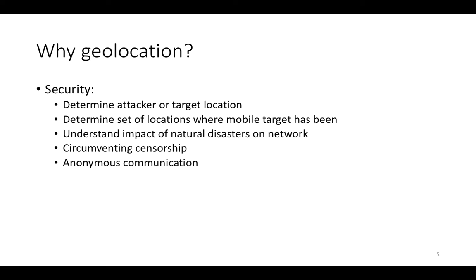If we think about users in particular countries that are trying to access particular other websites, often their governments will employ controls to enforce country-based access rules. Similarly, with anonymous communication, geolocation plays an important role not only in routing the requests, but trying to circumvent different kinds of tracking mechanisms.